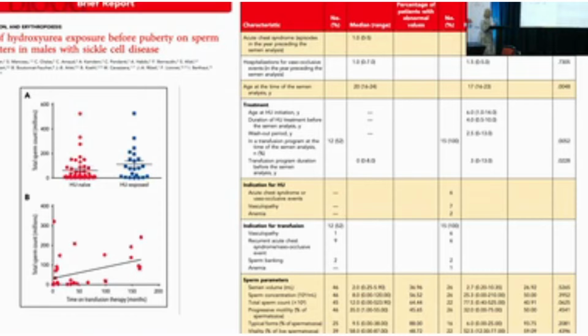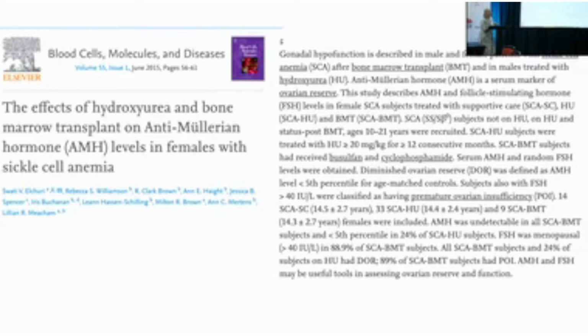Just related to hydroxyurea, there has been concern. It's a bit like the story we heard this morning from Dr. McGann about hydroxyurea having a bad name in terms of leukemia risk. Hydroxyurea has also had a bad name in terms of potentially reducing fertility for boys and girls with sickle cell. As we've gone back and asked that question, we've seen a couple of papers in the last couple of years, in both males and females, suggesting that the lower fertility we see is likely not related to the hydroxyurea, but to their sickle cell disease.